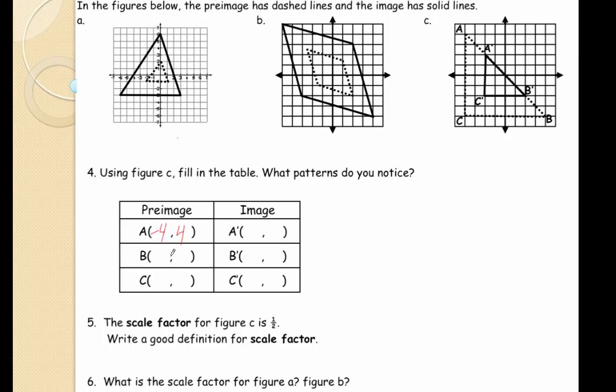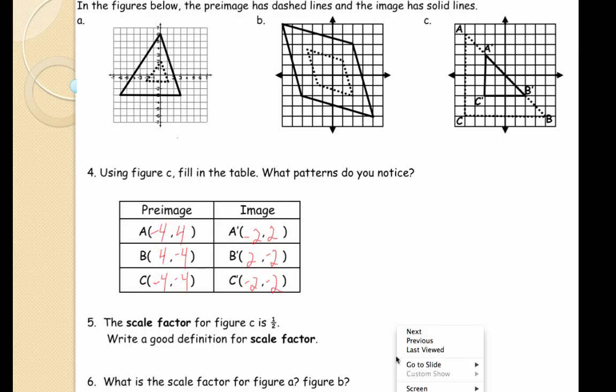And B was 4, negative 4. And C was negative 4, negative 4. In the solid one, A is negative 2, 2. B is positive 2, negative 2. And C is negative 2, negative 2.